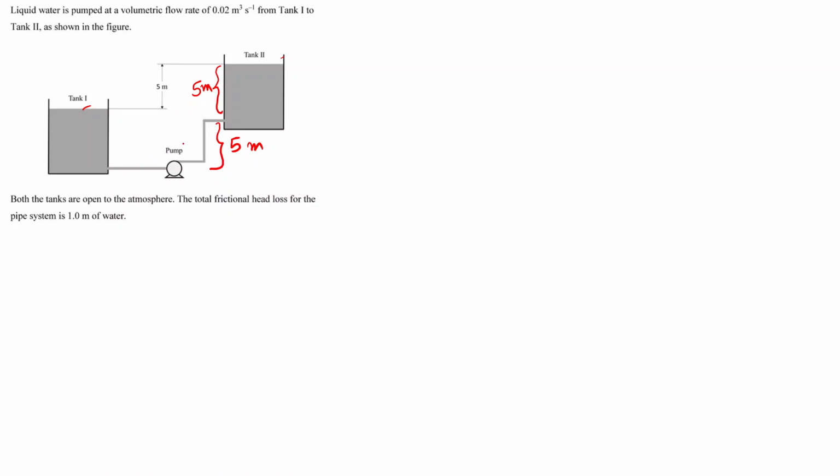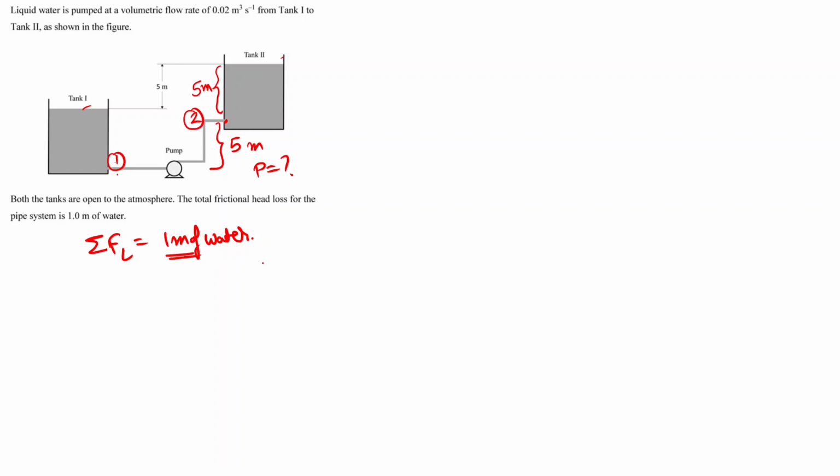The pump is taking the fluid from tank 1 from point 1 and delivering it to point 2, that is, the inlet is at 1 and the outlet is at 2, and we have been asked to find the power of the pump given the total frictional head loss for the pipe system is 1 meter. That is, the summation of all the frictional head loss is 1 meter of water.